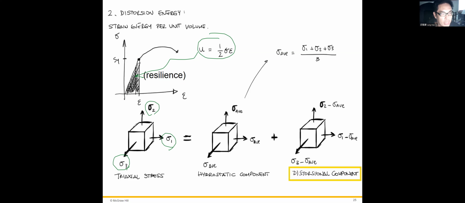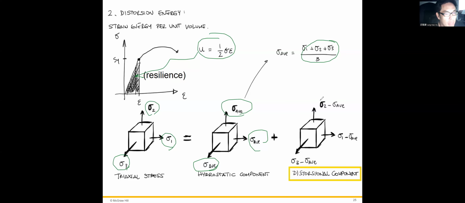Then we can separate this triaxial stress state into two parts. First is called the hydrostatic component. This element is subjected to the average stress, and the average stress equals sigma 1 plus sigma 2 plus sigma 3 divided by 3. The second part is called the distortional component. What does that mean?